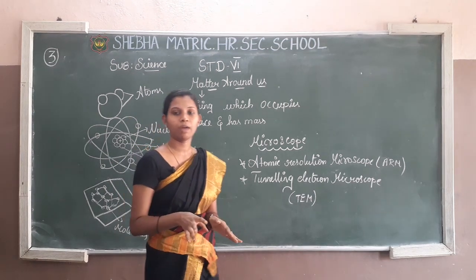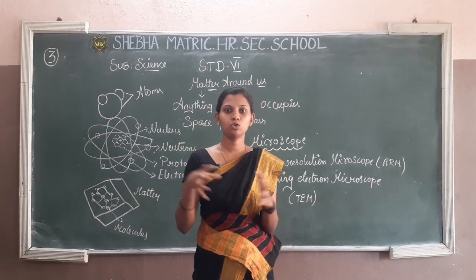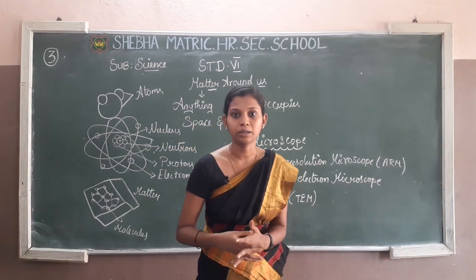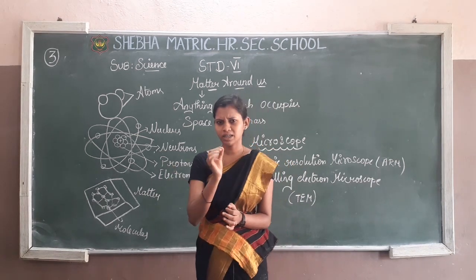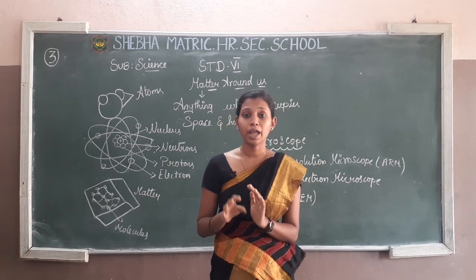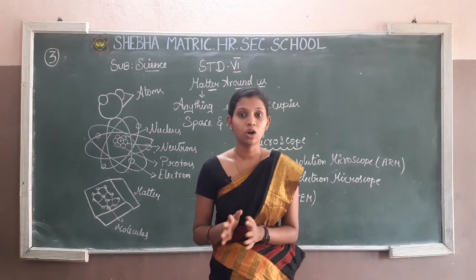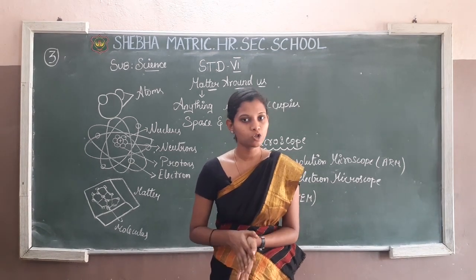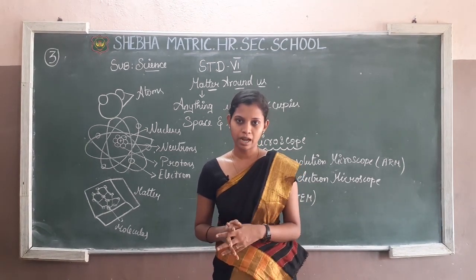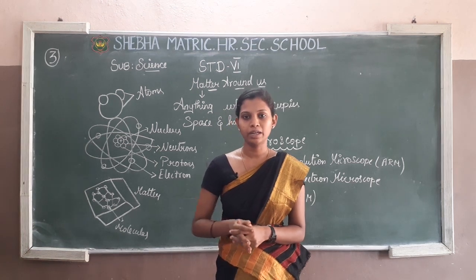What is matter? Matter means two or more molecules of atoms. Okay, what is an atom? It is a tiny particle which we can't see even with normal eyes. Even in a microscope we can't see an atom because it is such a tiny particle.